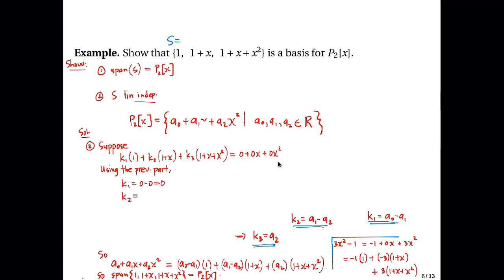K2 is also 0 minus 0 because you have A1 minus A2. This is A1, this is A2. So 0 minus 0 equals 0. And K3 is A2, but A2 is equal to 0. So therefore, S is linearly independent.